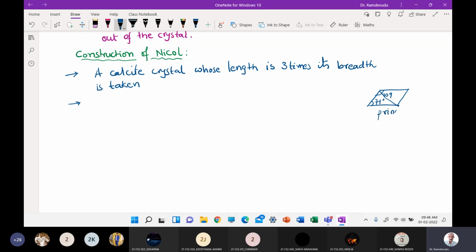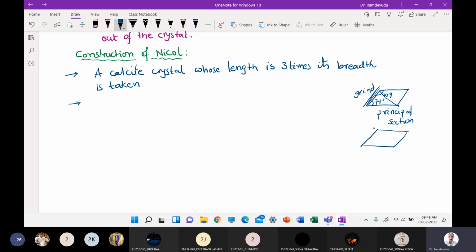So to increase the view, in the principal section, what I'll do is I grind it by taking a file. If I grind this one, this will become more flat and thereby the angle of incidence can be changed.